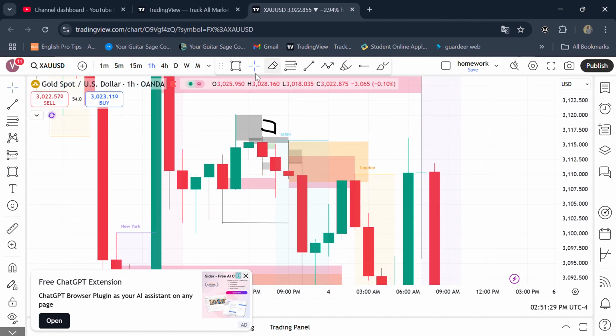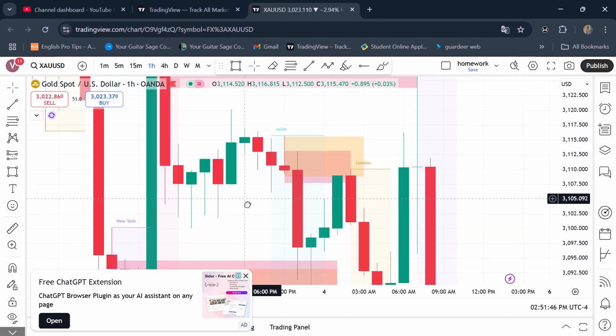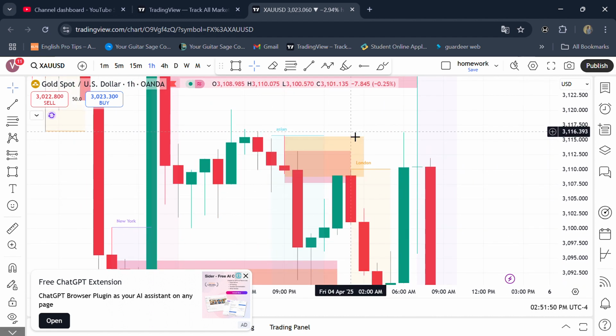Let me remove all of the drawings so that you can see clearly what we are talking about. So there are two overlapping POIs which makes it a unicorn setup.